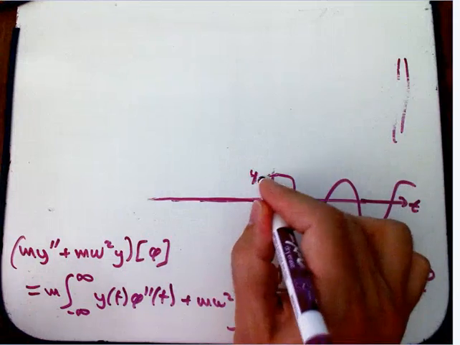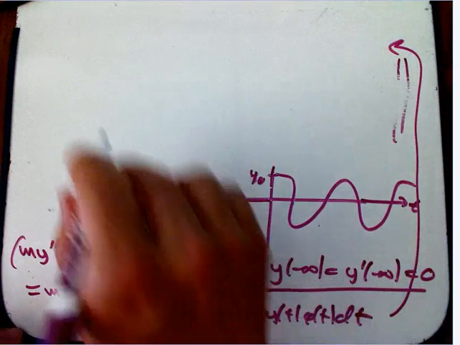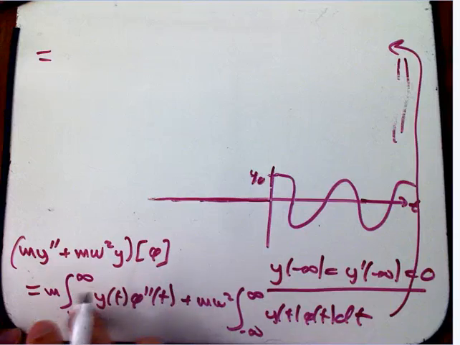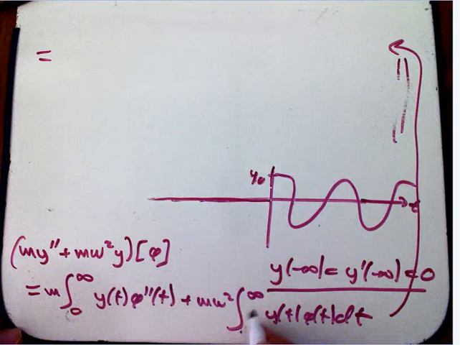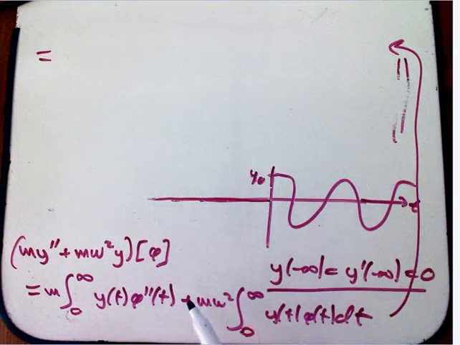So let me see if I can keep the picture. Okay, so this is going to go up here. First of all, that's just from 0. That's still true, because that's what the h of t does.